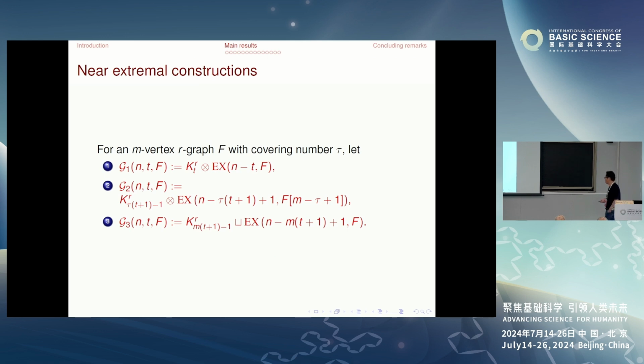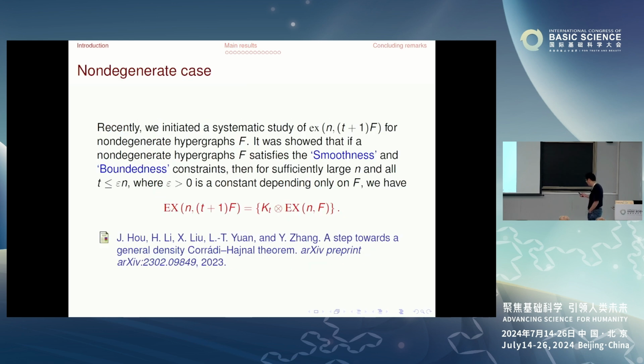Then we give three special graphs. The first graph is a join of the complete graph on t vertices and the extremal graph of F. Just the extremal graph in this one.